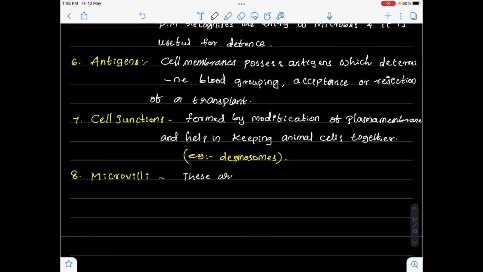These are membrane evaginations which are specialized for increasing absorption.